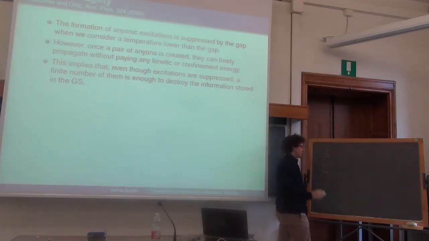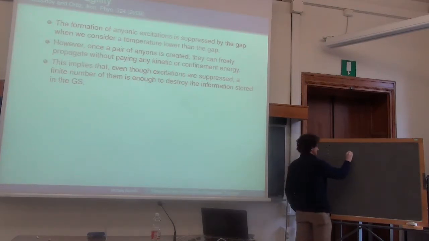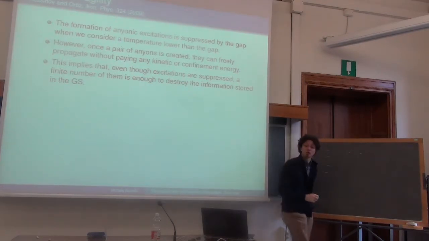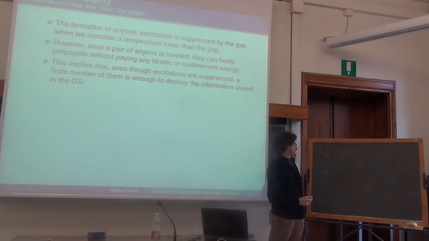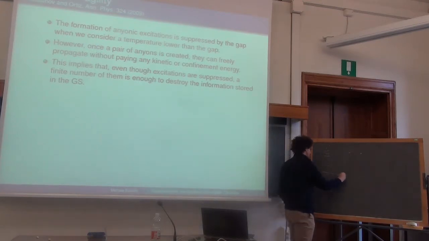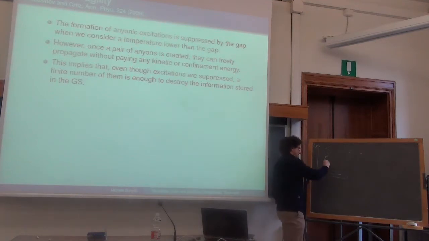However, there will be a finite possibility that at a finite temperature I am creating a pair of electric charges, let's say. And so I am moving from the space of the degenerate ground states to the space of the excited states. In this case, of course, I am paying an energy price which is 4.